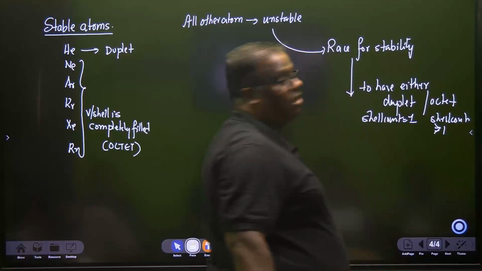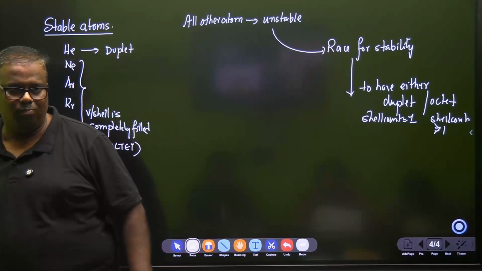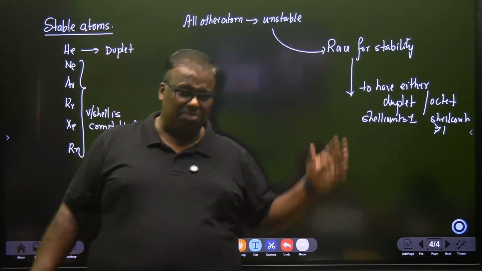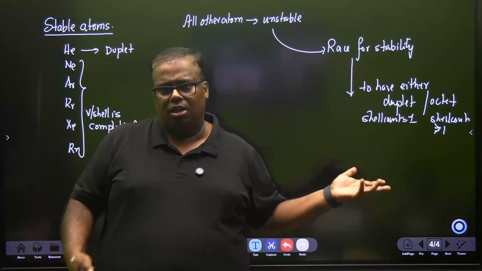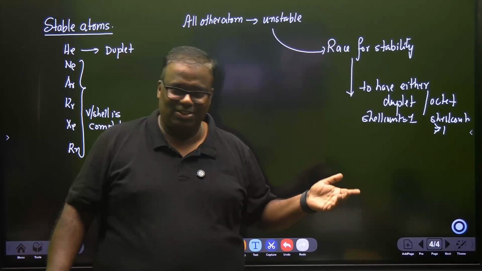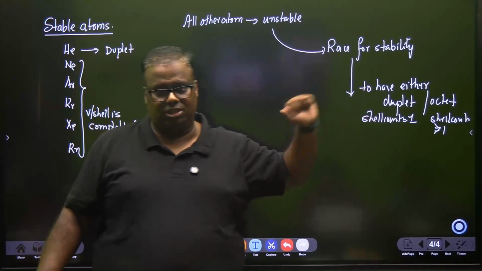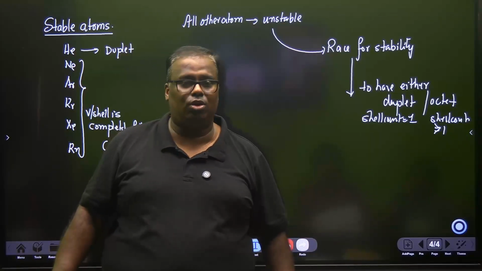So all other atoms will now be fighting for what? Stability. But stability is something abstract. We need to talk in terms of numbers. You can't go and ask oxygen, are you stable? It's not like that. Some numbers you have to assign. So that number is what? That number is duplet or octet. That means they are hunting, or they will be hungry, for making either an octet or a duplet.